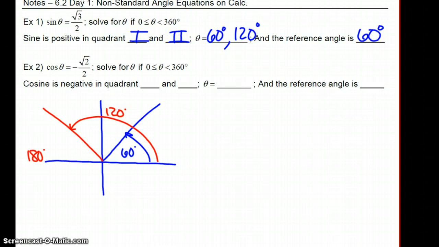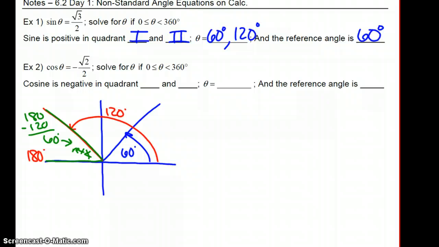That reference angle always falls between your terminal side and the x-axis. So here's my reference angle. And how do I find that? Well, if that angle were to fall in the second quadrant, we say 180 minus 120, and that gives me 60 degrees. So again, I get a 60 degree angle as the reference angle for example 1.